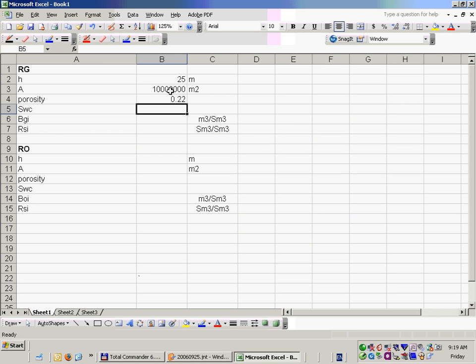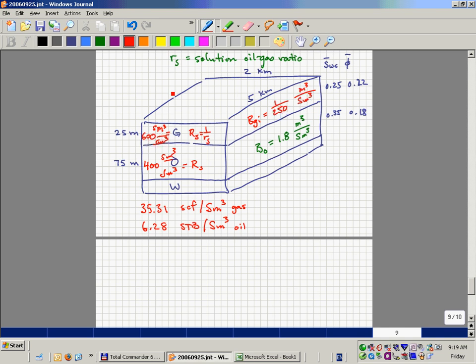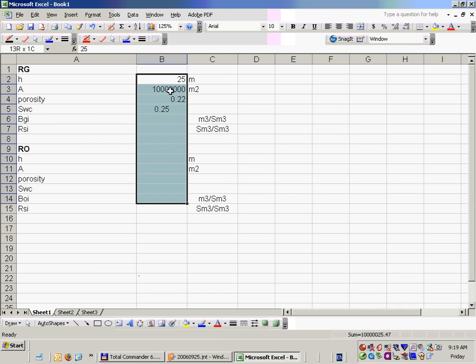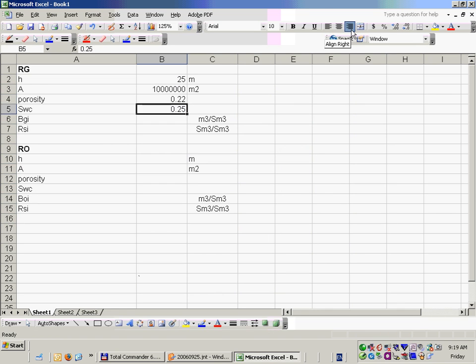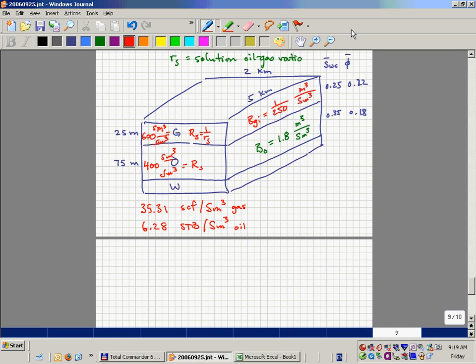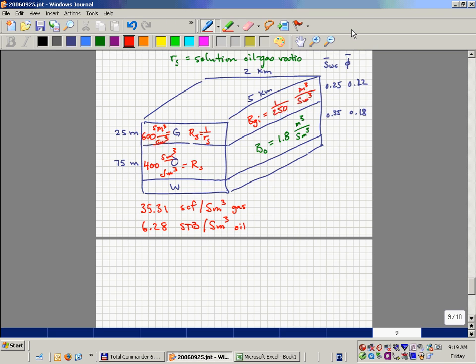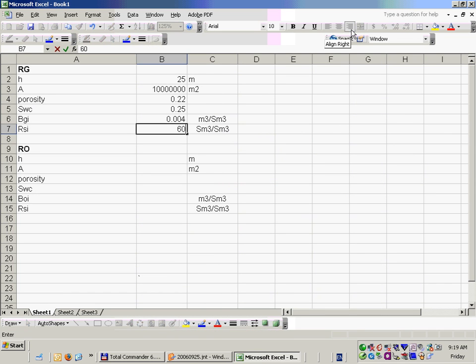Water saturation was 0.25 in the gas. BG was 1 over 250, I think. And the solution gas condensate ratio was 600.